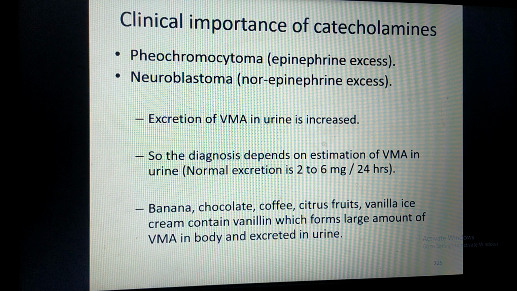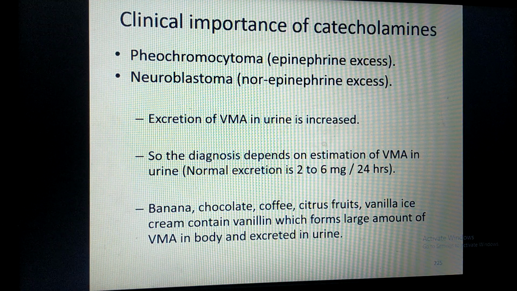But when you are performing this test, VMA estimation in urine, care should be taken that compounds like banana, chocolate, coffee, citrus fruit, and vanilla ice cream should not be consumed by the patient, because these contain vanillin, and that vanillin in the body gets converted into VMA and excreted through the urine.